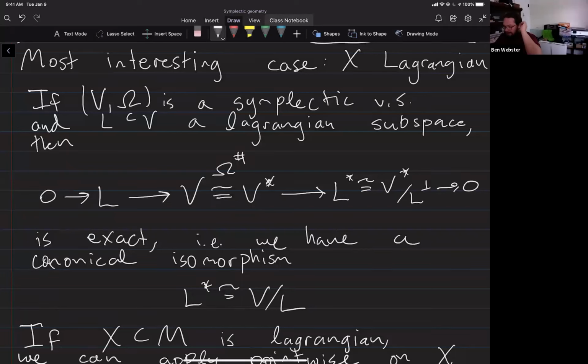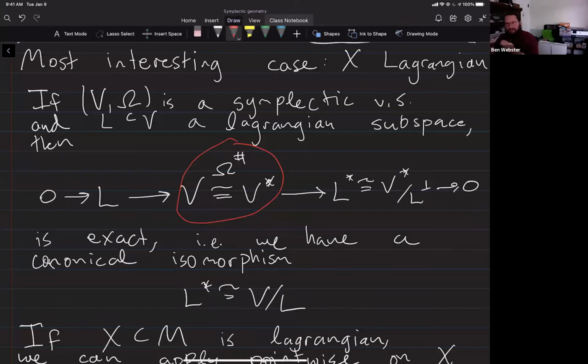First, there's something interesting to be said about what the normal bundle is. If I have a symplectic vector space and a Lagrangian subspace, then I can use the symplectic form to identify this space with its dual. So I have a map of L into this space as the usual obvious inclusion, and I have a map to L dual. It's worth always remembering the dual of a subspace is a quotient of the dual.